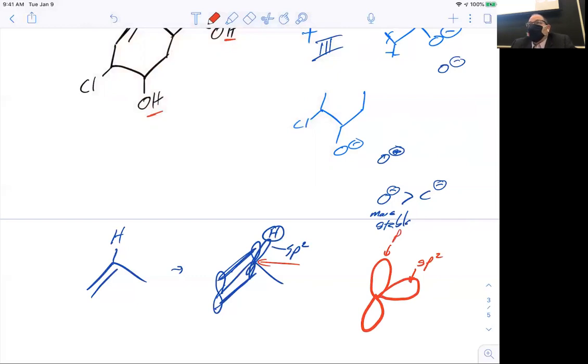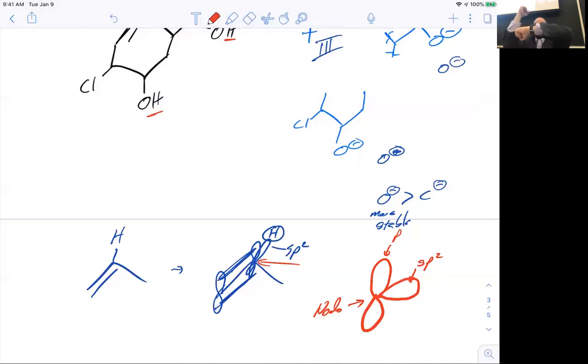What's happening at the intersection? Well, that's a node, right? What happens at nodes? Is there any electron density? No, right? So anytime I have a node, that means those two sides are not communicating. When I have a p orbital and an sp2 on the same carbon, what's happening?